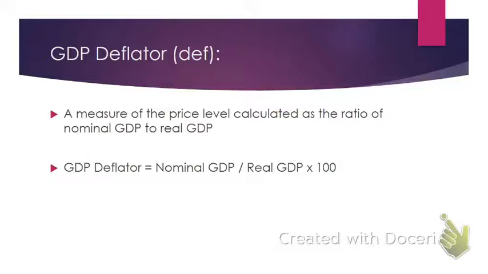So to calculate the GDP deflator, you're going to take nominal GDP divided by real GDP and multiply it times 100. So it's like a percentage.